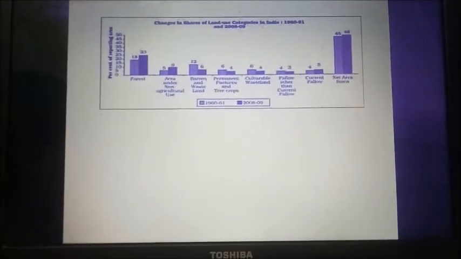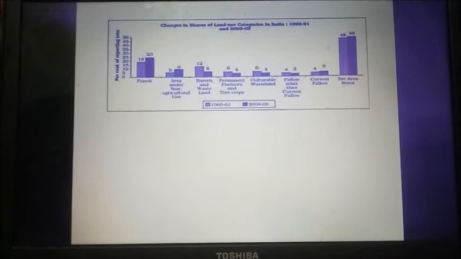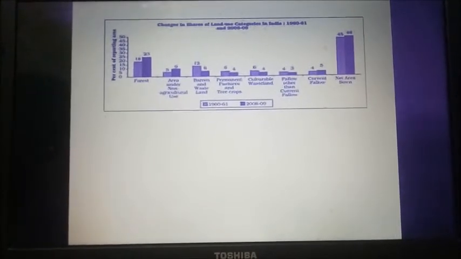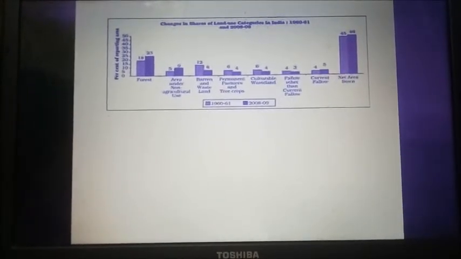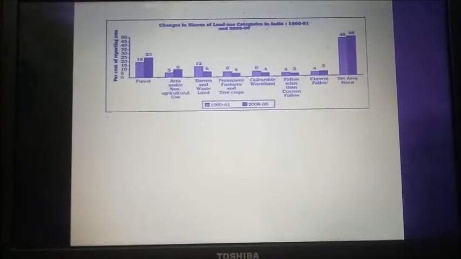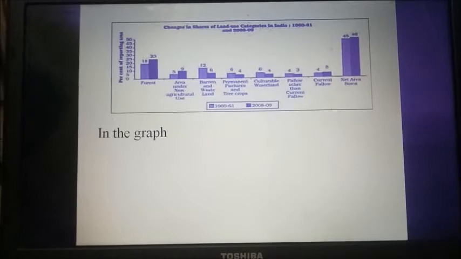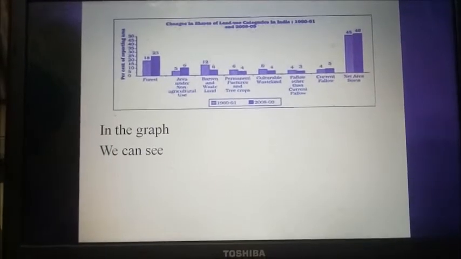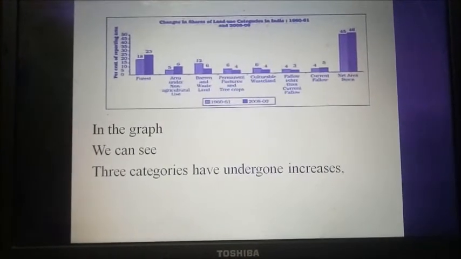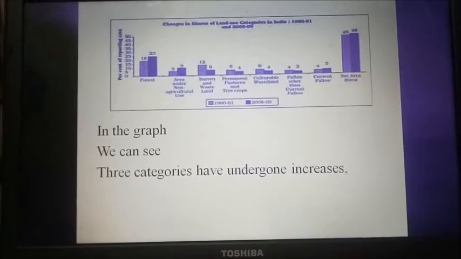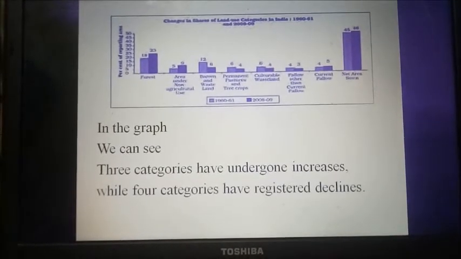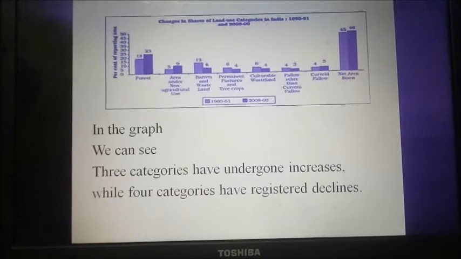If you see the forest area and the area under cultivation, somewhere you will find an increase, whereas somewhere there is a decline. In this graph, if you notice carefully, you will see that 3 categories have undergone an increase, whereas 4 categories have registered declines.